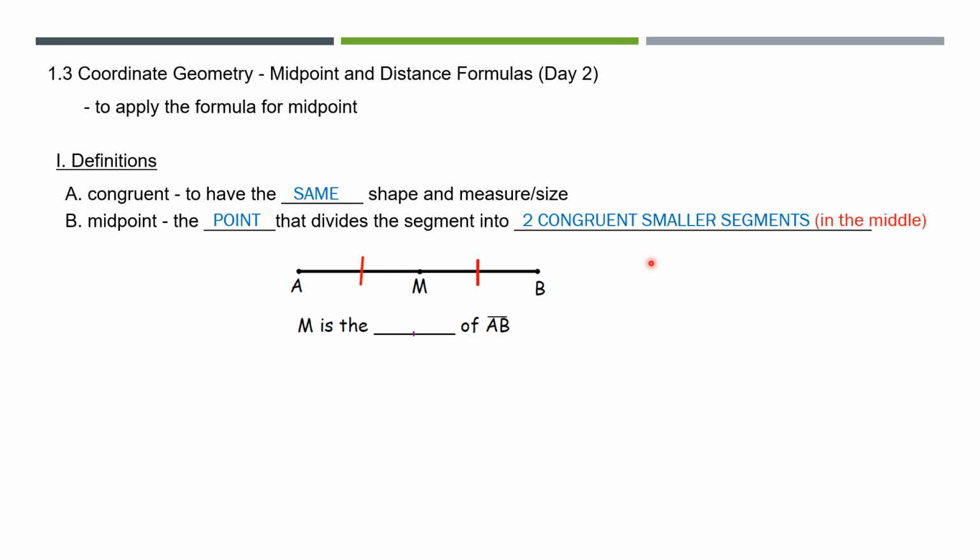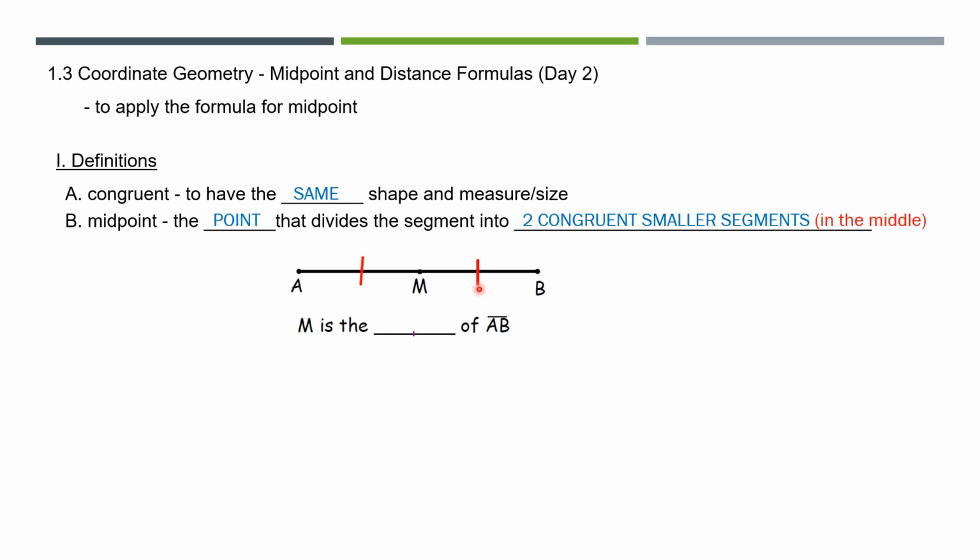So yes, it's in the middle because these two pieces to the right and to the left of the midpoint are congruent, and so they're identical. So you'll notice there's red tick marks or hash marks.